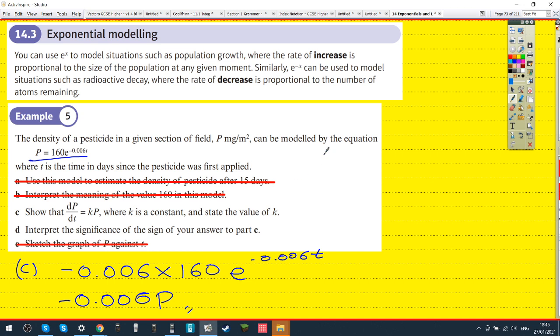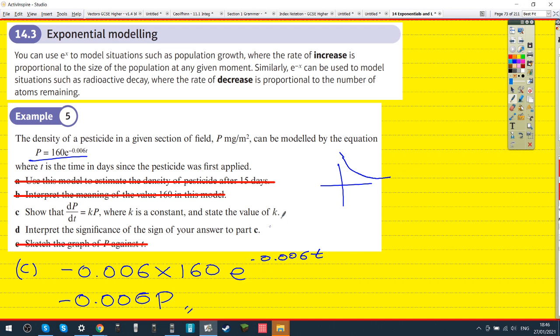the derivative gives you the gradient of the graph, so basically the rate of change. So this looks like the density of pesticide is decreasing over time. In the beginning it's falling very quickly, and then towards the end it's falling very slowly.